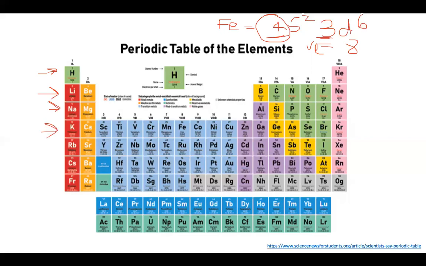This is period 4. The group in which we find the element will be the valence electrons, so here we have an 8. Looking at the groups, counting them in sequence without skipping the transition area, we have 1, 2, 3, 4, 5, 6, 7, 8, and here we have iron.